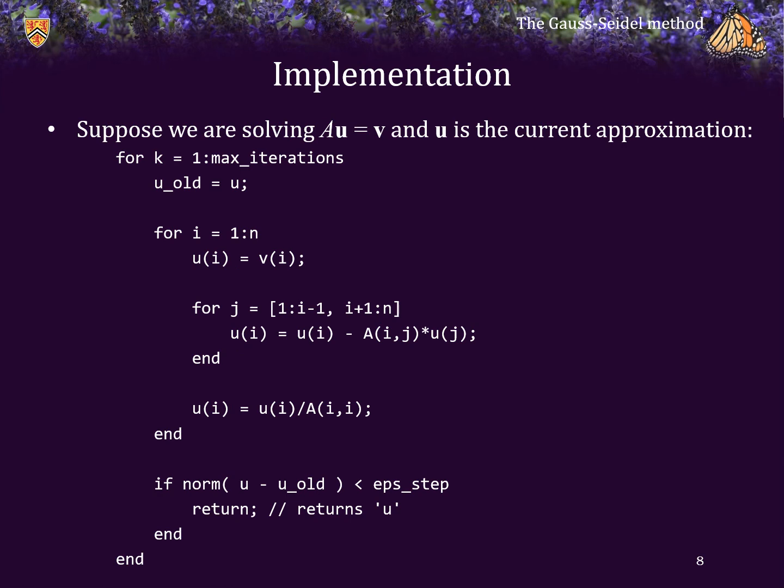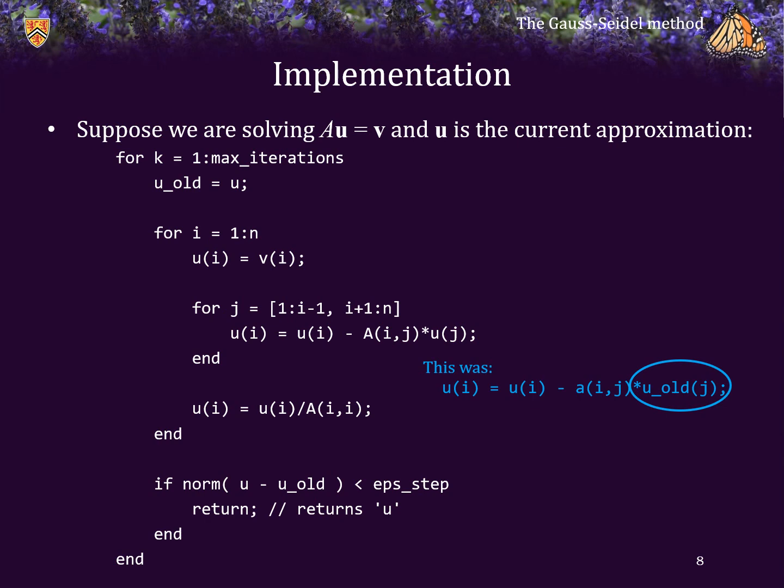Now previously we showed you the Matlab code for implementing the Jacobi method. Here is the Matlab code for implementing the Gauss Seidel method. What's the difference? Well, just one component of one line. Previously, when we were calculating the next vector, we always used the previous vector.